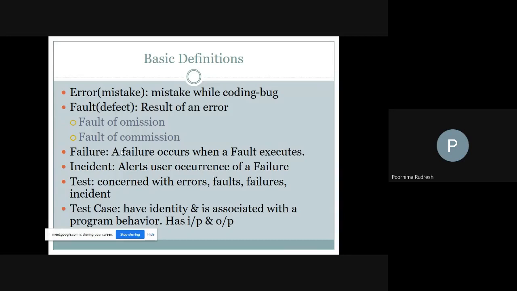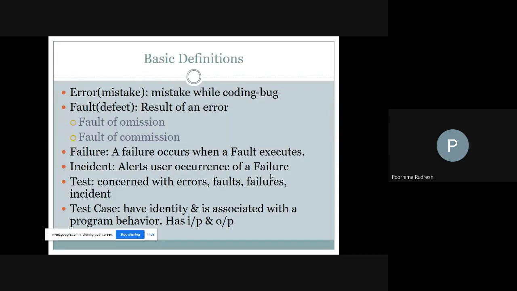The incident alerts the user about the occurrence of a failure.